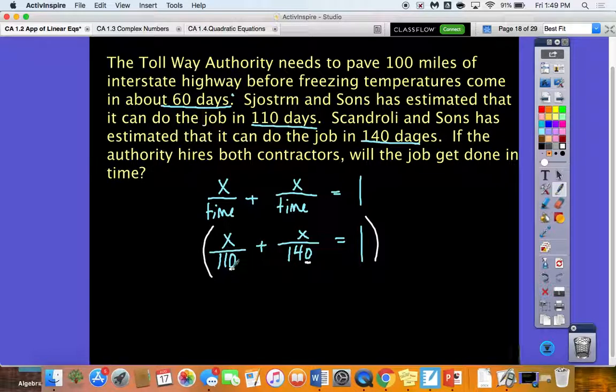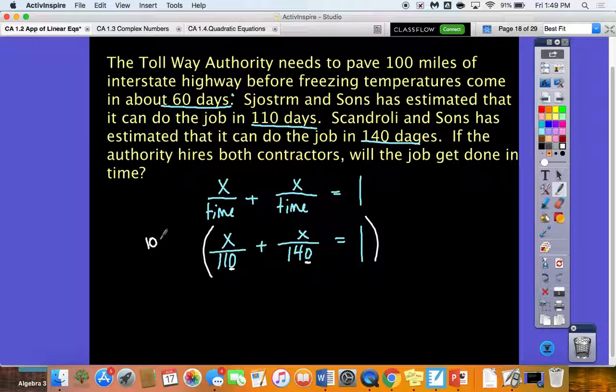So your common denominator needs to have 10, it needs to have 11, and it needs to have 14. You could go smaller, I'm sure you could, but I don't really want to sit here with a calculator trying to find what is the smallest common denominator of 110 and 140. If you wanted to just go crazy with it and multiply the two together and use this right here, it'll work like a charm.